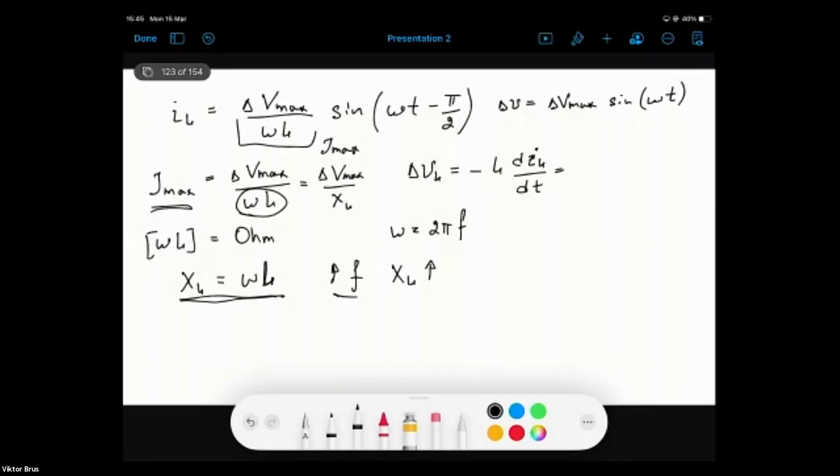And now we know the concept of inductive reactance, so we can write that this will be minus I maximum times XL, the inductive reactance, times sinus omega t.